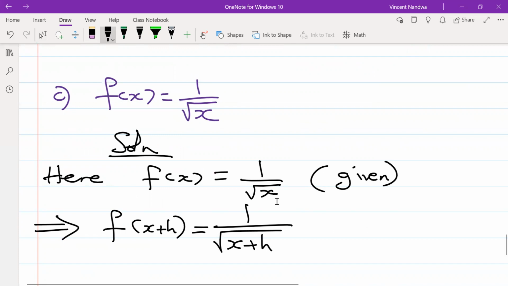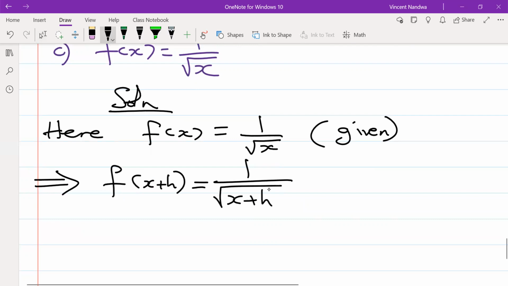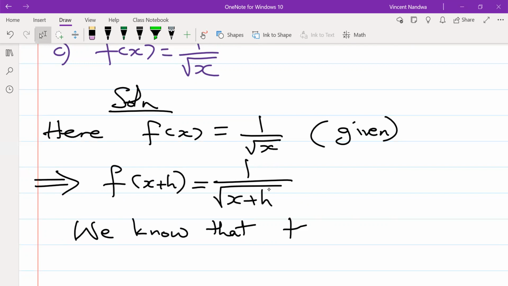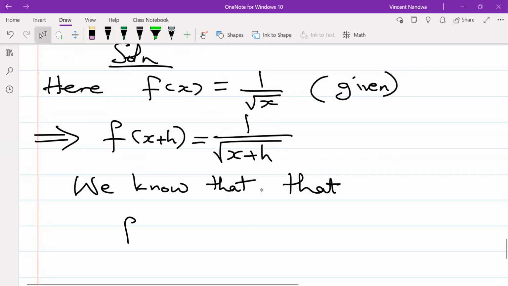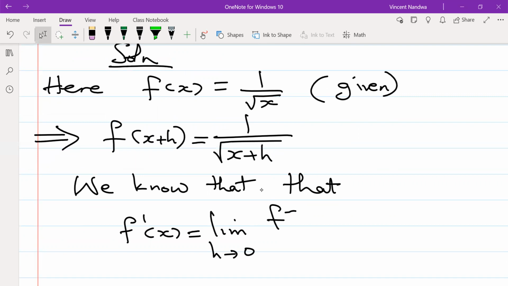Then we know that to find the derivative, f prime is given by limit as h approaches 0 of f of x plus h minus f of x divided by h.